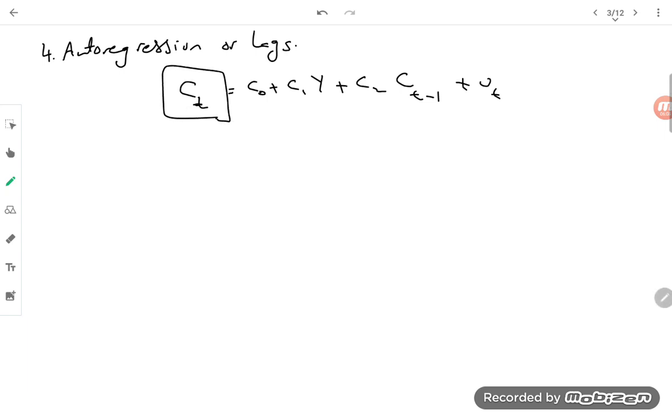So this is the variable and this is the variable lag 1. Lag 1 means that you are going to depend on the last year value. Value in this year is going to depend on the last year value and so on. This is known as the random walk hypothesis. In this case, the problem of autocorrelation may be found.